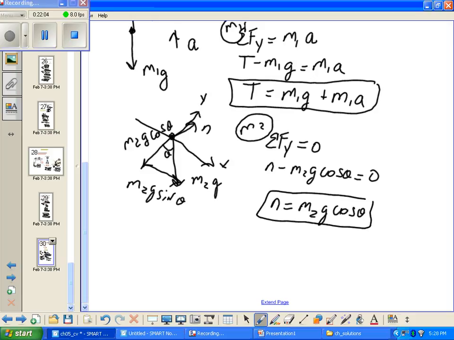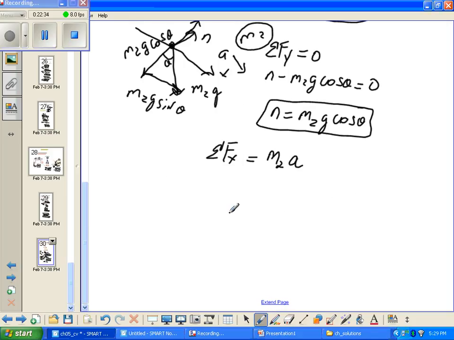Okay, now we don't need to make use of that. Let's see, how about the net force in X equals M2A, where A is going to be along the positive X direction. And so here, notice that in this situation, A is positive in both the case of M1 and M2.